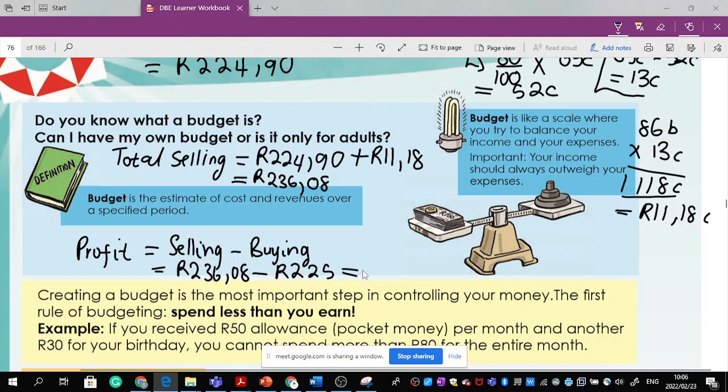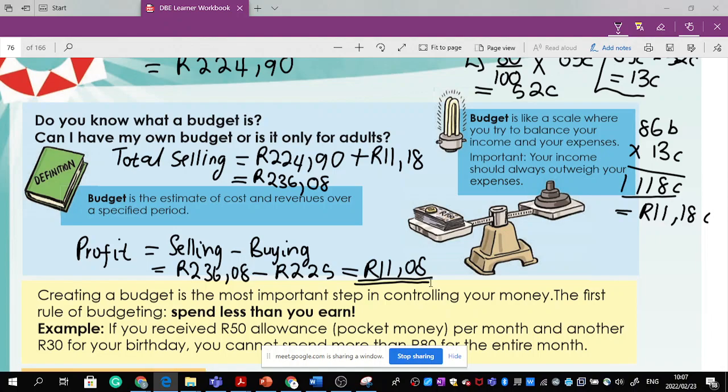It's 11 rands and 8 cents. So this is how much we're making from that business.